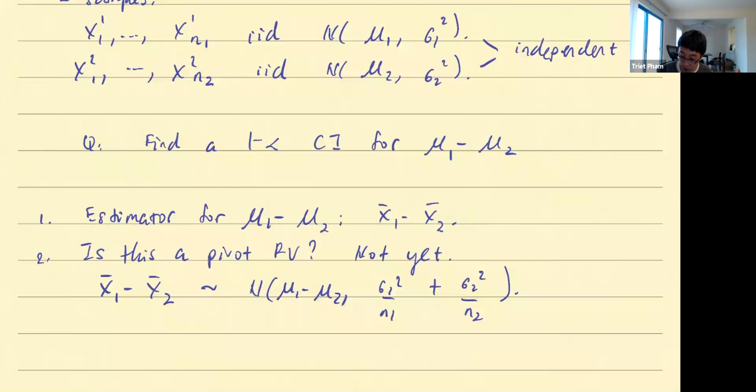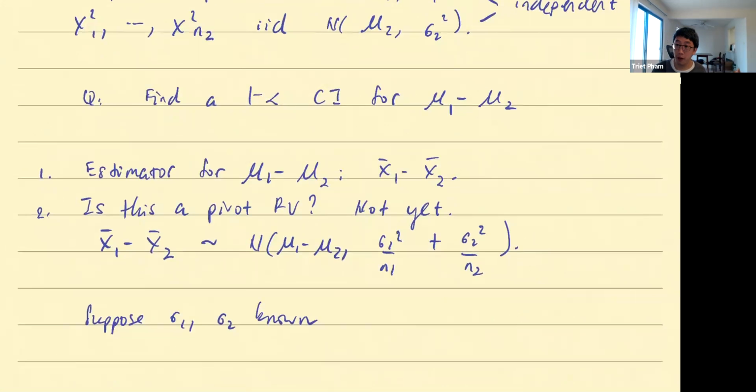And the not yet comes from the fact that mu1 minus mu2 is there and sigma is there. So obviously we make the cheap assumption here. Suppose sigma 1, sigma 2 known. This is crazy, but anyway.